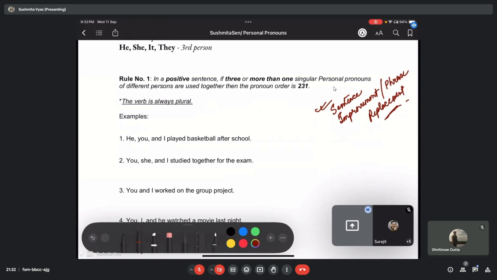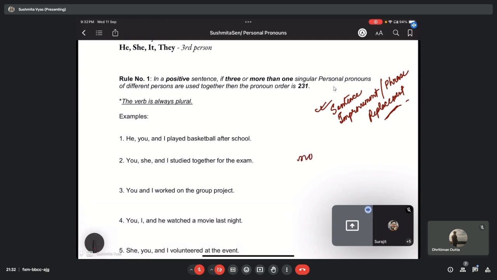So the correct order is like if a sentence is positive, positive मतलब वहाँ पे कुछ positive बातें हो रही है, okay? Like there is no negative aspect in that sentence. Like there is no mention of not or never. These words denote negative sentences. But here we are talking about positive sentences.